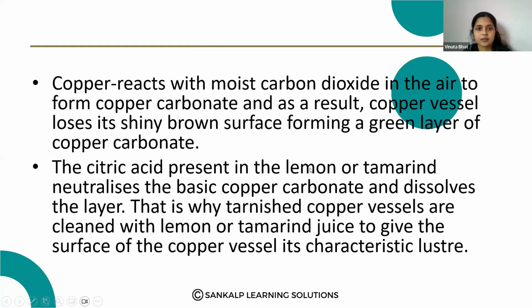Here copper reacts with the moist carbon dioxide, which forms copper carbonate. As a result, copper vessels lose their shiny brown surface, forming a green layer of copper carbonate. That is the reason for the green layer.